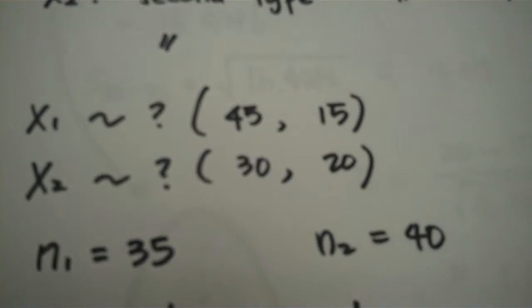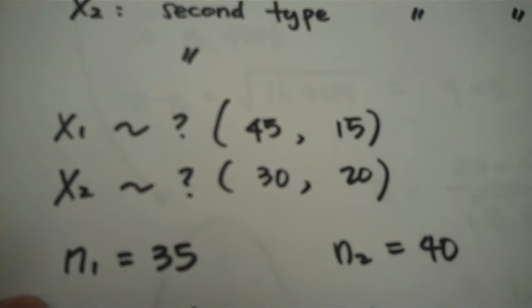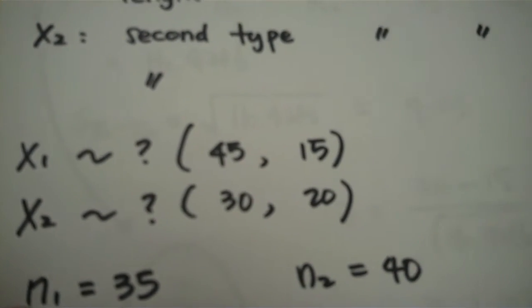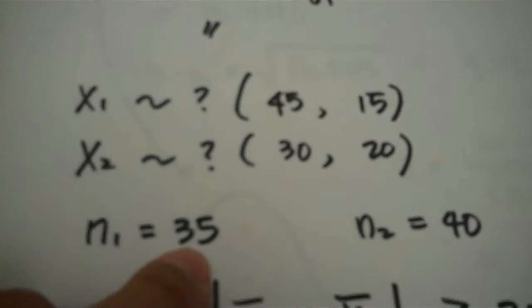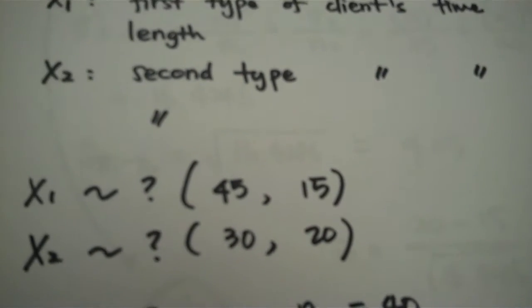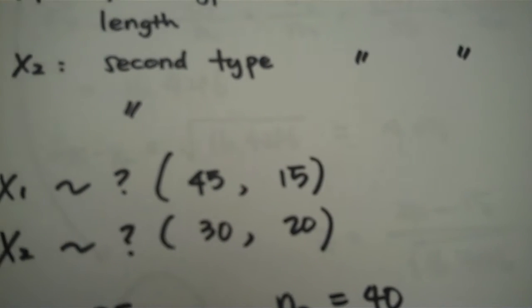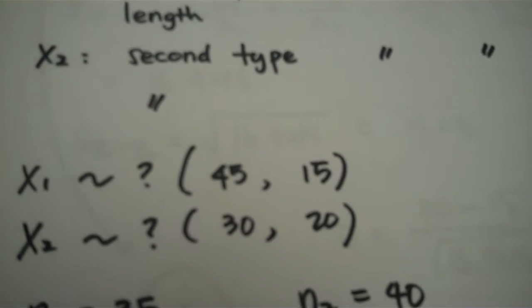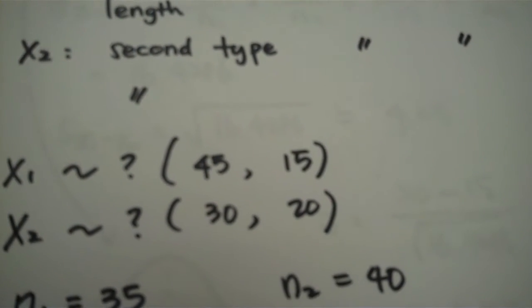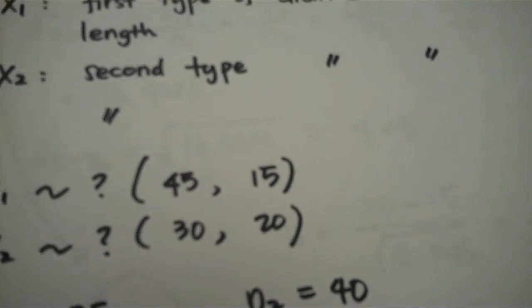And he or she collected data from 35 first-type clients and 40 second-type clients. The question here is, what is the probability that the average length of home visit will differ between the two groups by 20 or more minutes?